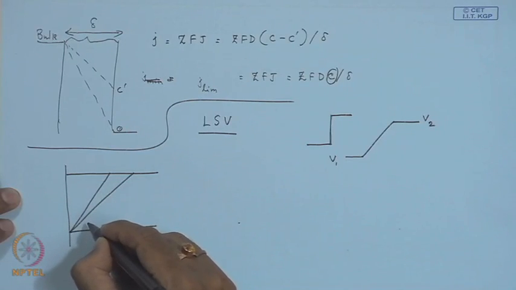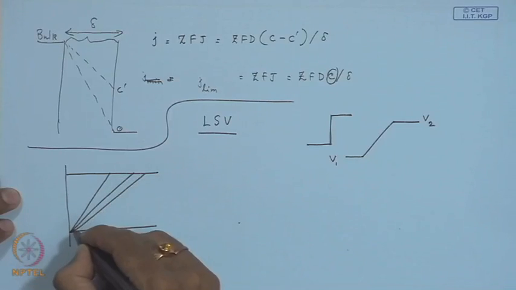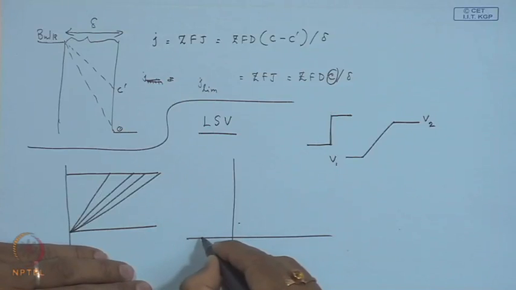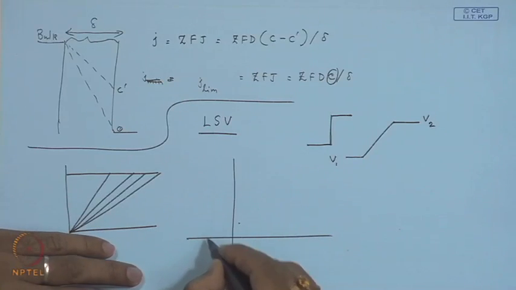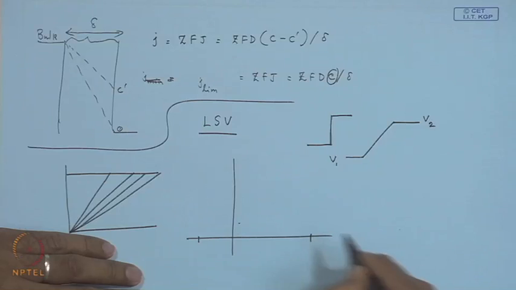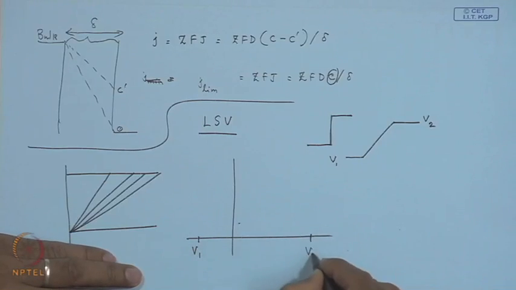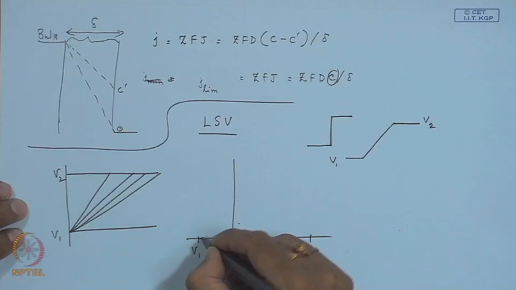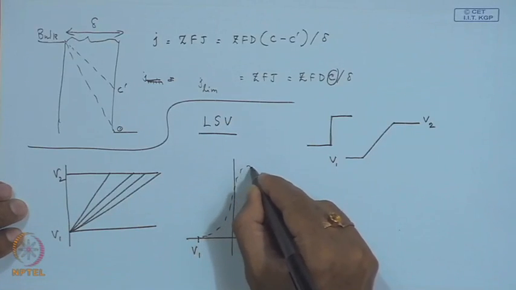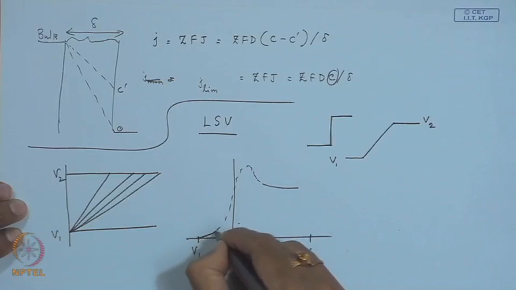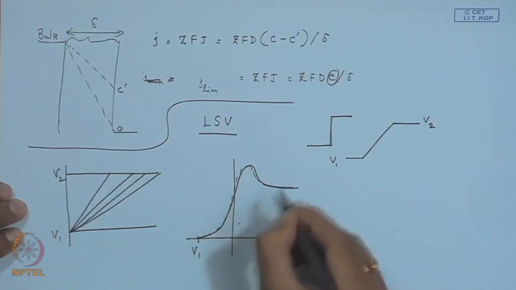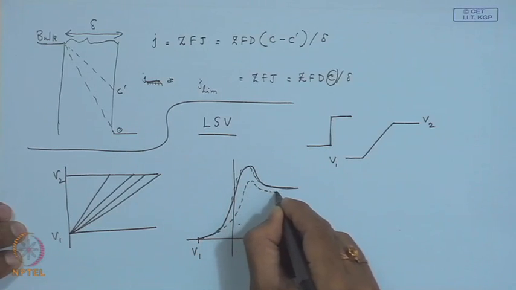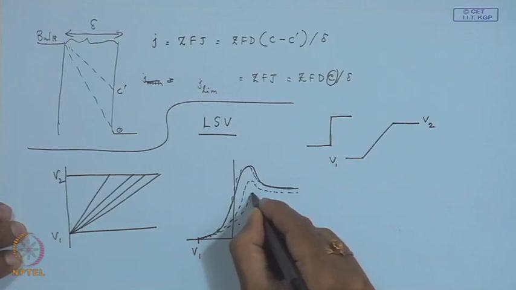Accordingly you will generate V1 to V2, V1 to V2, something like this, then maybe like this. It is because of the scan rate changing.